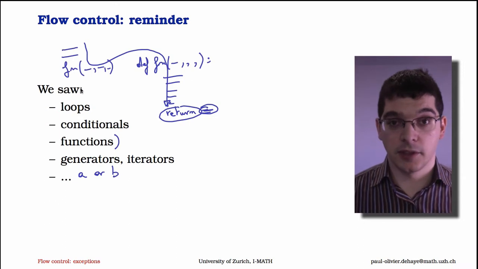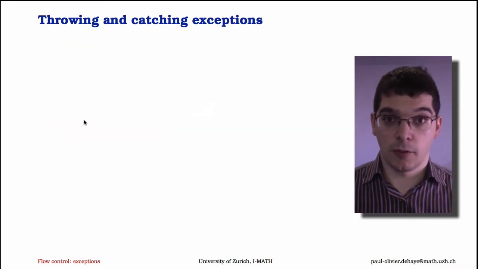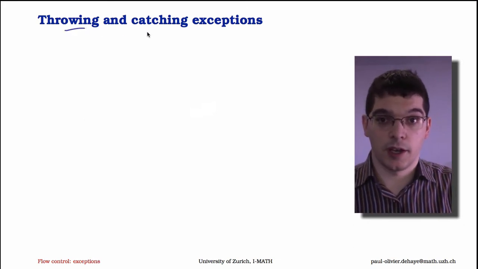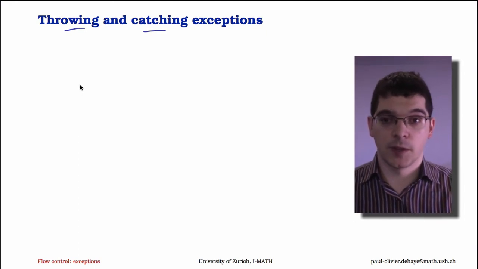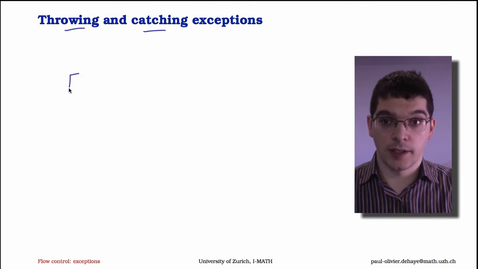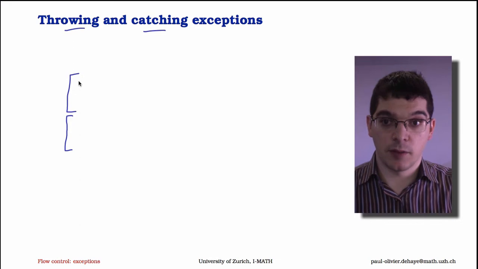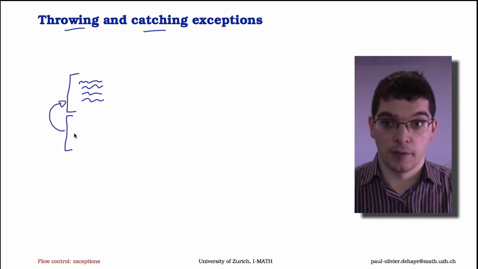Now, for exceptions, things will be slightly different. So for exceptions, you can throw and catch exceptions. That's the two important words here. So throwing and catching. And the way it will work is that you define some blocks that are being watched by some other block. So if you want, you have some block of code here that is under the watch of this block of code there.